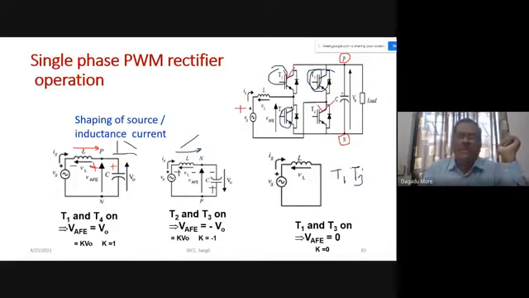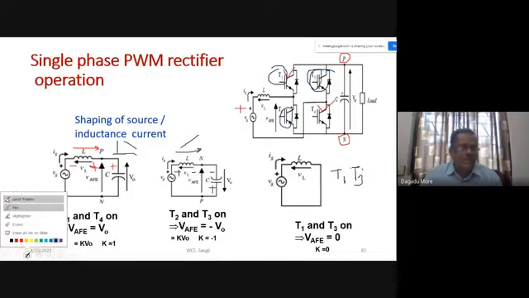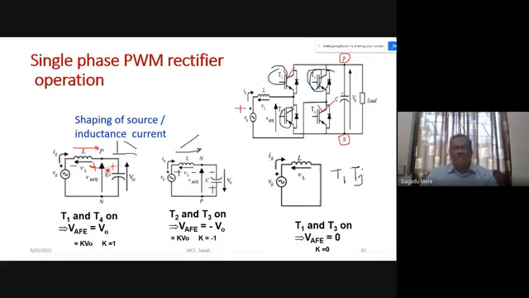And this capacitor voltage may be additive with respect to the supply voltage. When the capacitor voltage is additive, with T2 and T3 on, our current can be increased. And if the capacitor voltage is opposing the supply voltage, the current can be reduced.